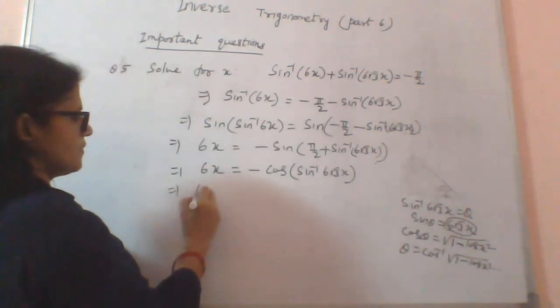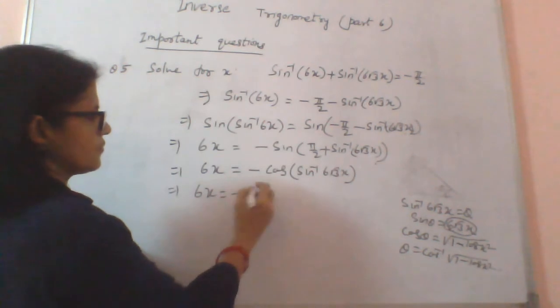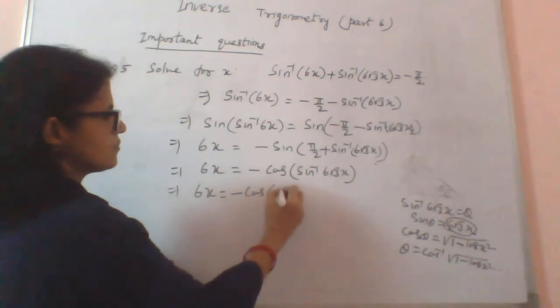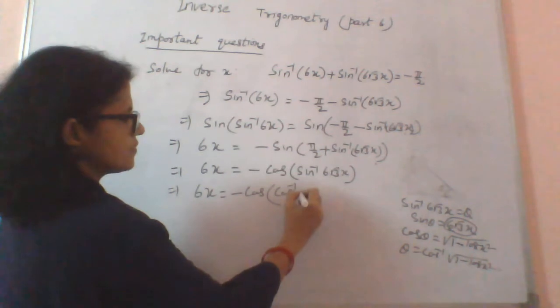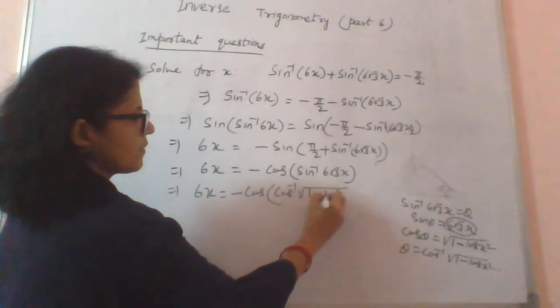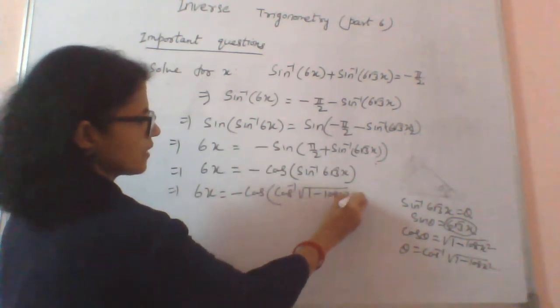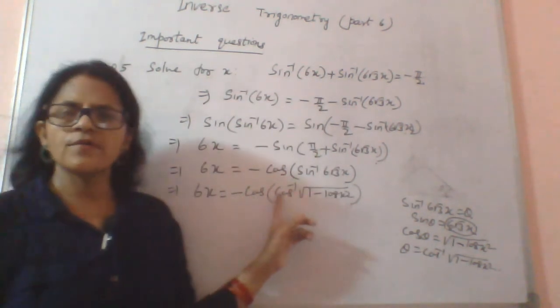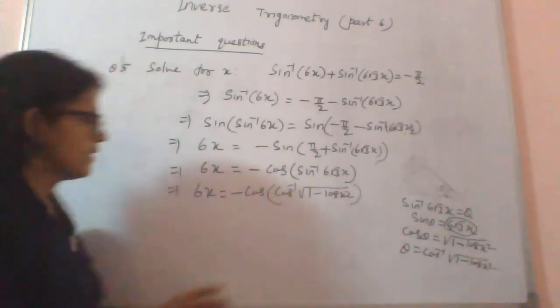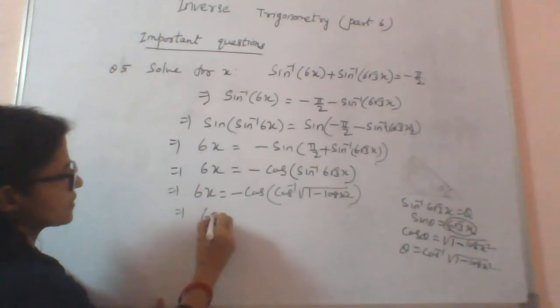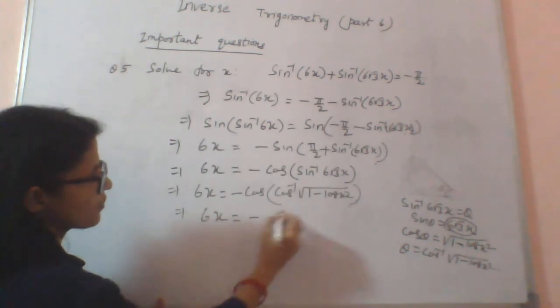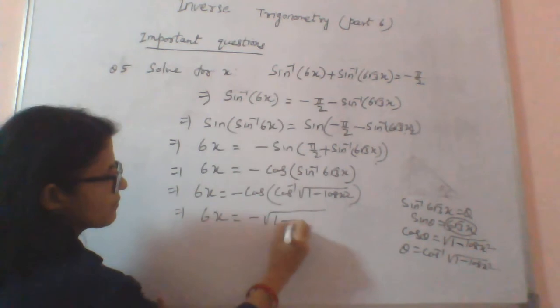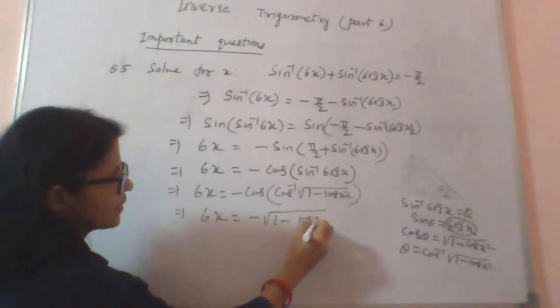So this implies 6x equal to minus of cos inverse under root 1 minus 108x square. So cos of cos inverse x is x. So we are getting here 6x equal to minus of square root of 1 minus 108x square.